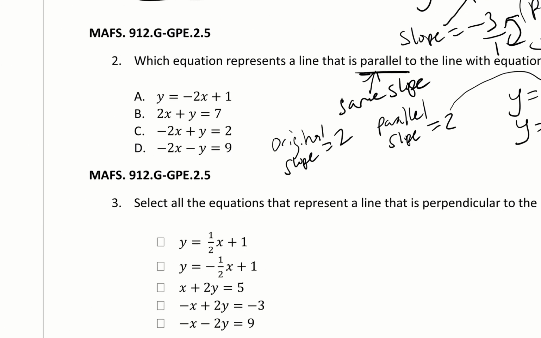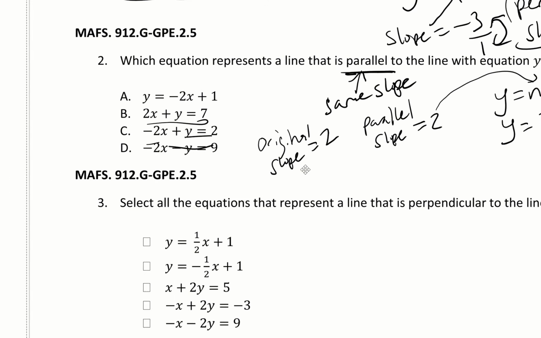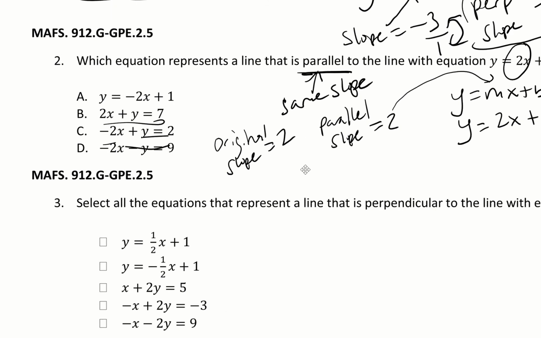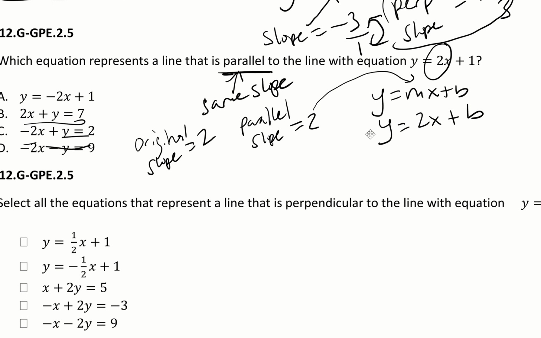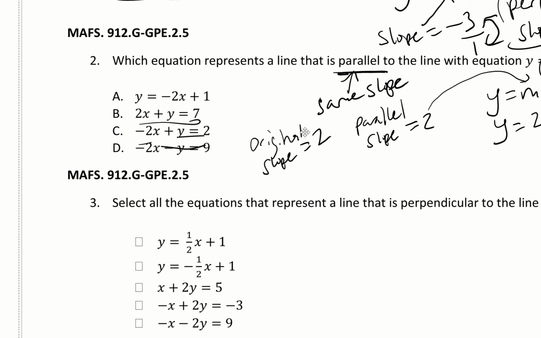And notice that these aren't put in the correct order, like we have to fix these, right? So in order to fix these, we need to convert them over to where it looks like slope-intercept form, this form, mx plus b.